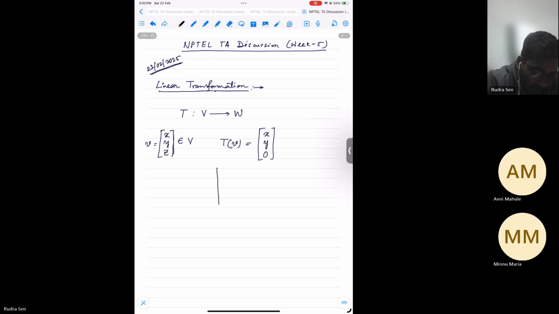If I'm considering a 3D picture, this is the Z axis, this is the X axis, this is the Y axis.